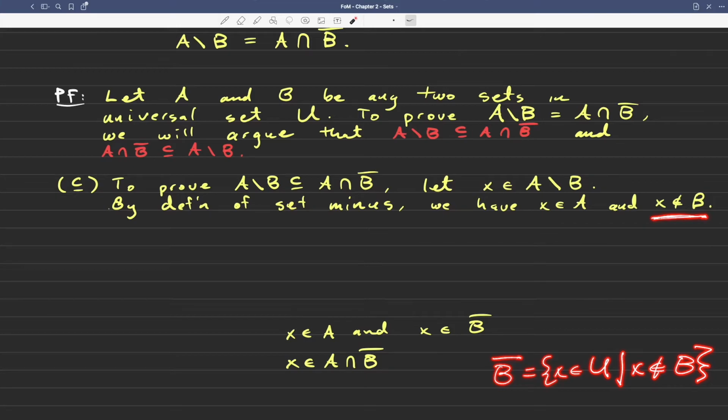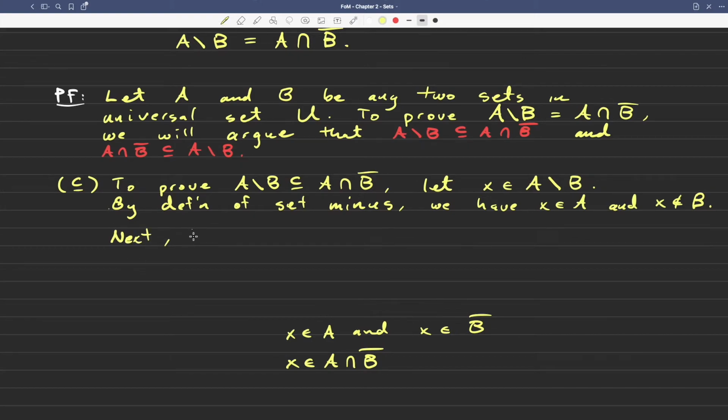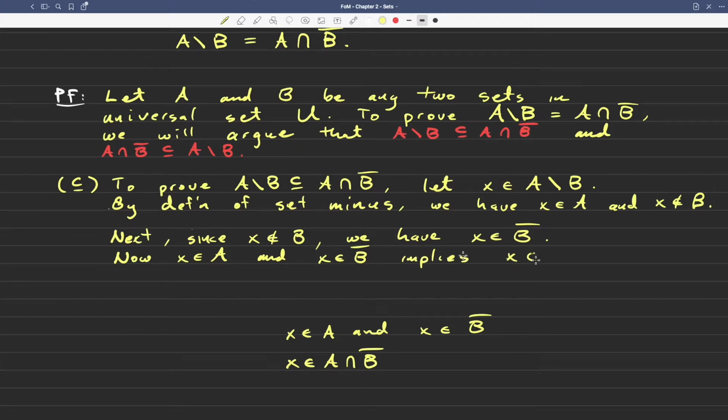Everything's in the universe. So I can jump straight to it now. Next, since X is not in B, we have X is in B complement. Now X is in A, we already knew that, and X is an element of B complement implies X is an element of A intersected with B complement.